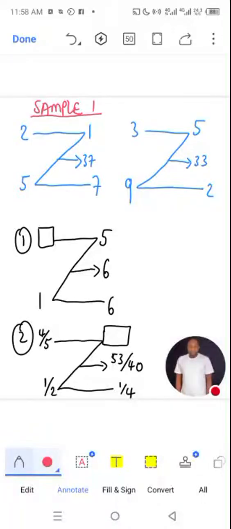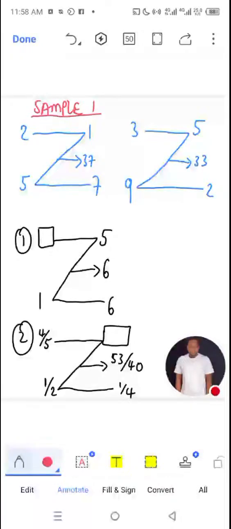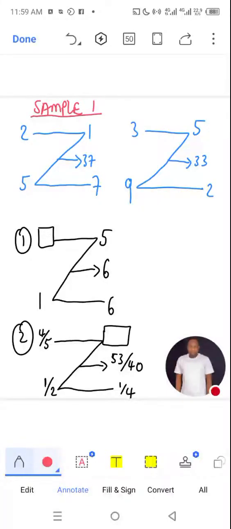All right, let's go through these samples. Think it through. Again, the question is, how was 37 gotten? How was 33 gotten? How are you going to use these numbers to get 37?